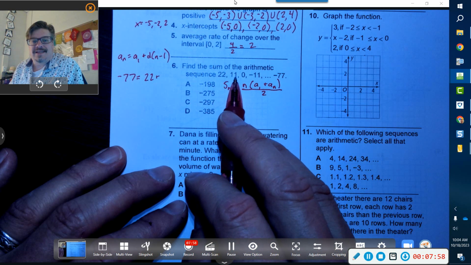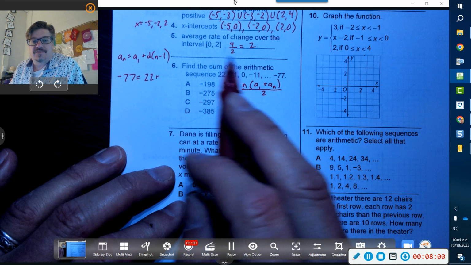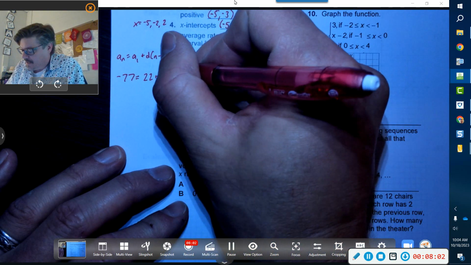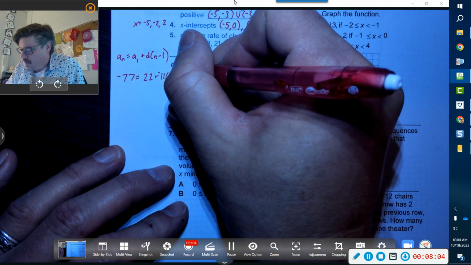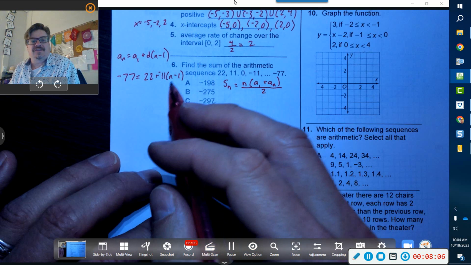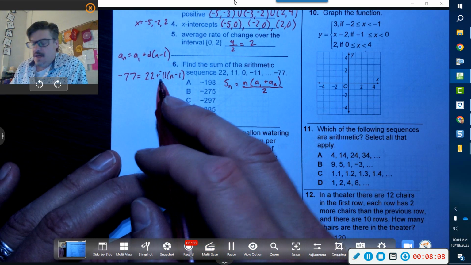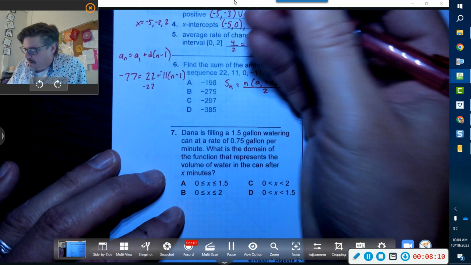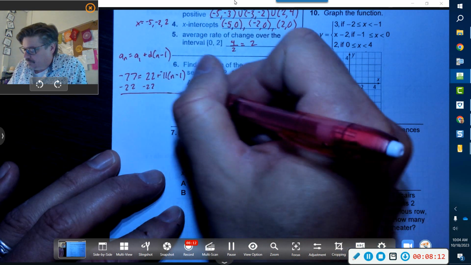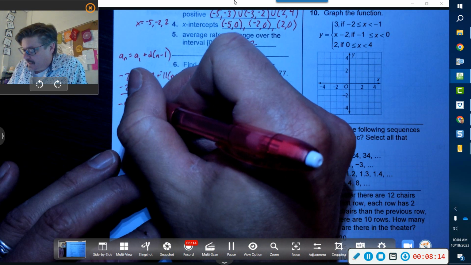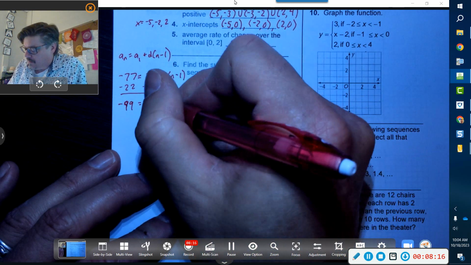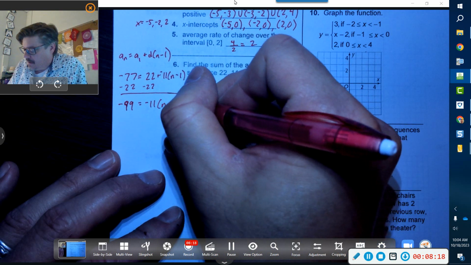Now notice I'm going down by 11 every single time, so this means that my d is actually -11, and I don't know what my n is. So I'm going to have to solve for n. I'm going to subtract that. That's -99 equals -11 times n minus 1.